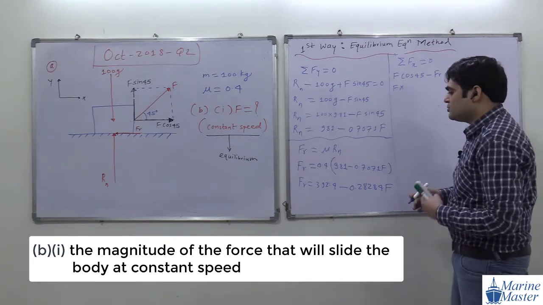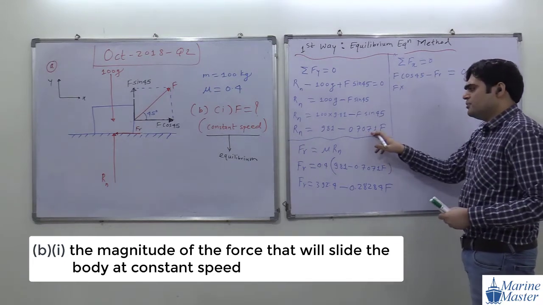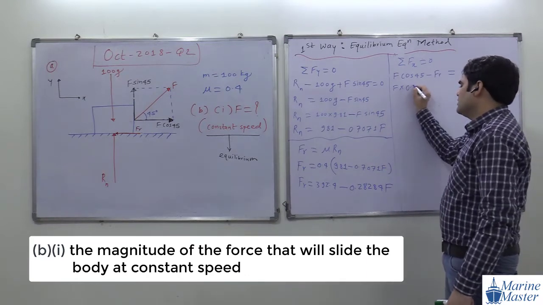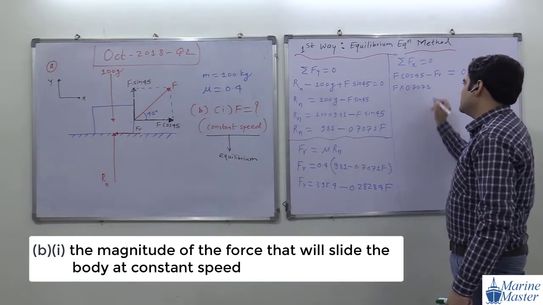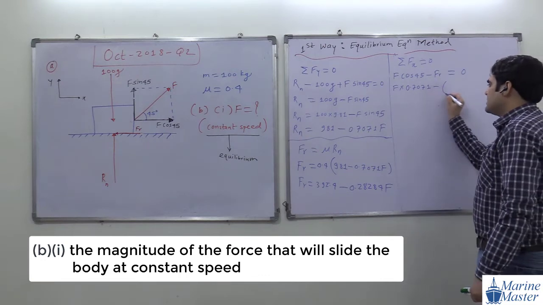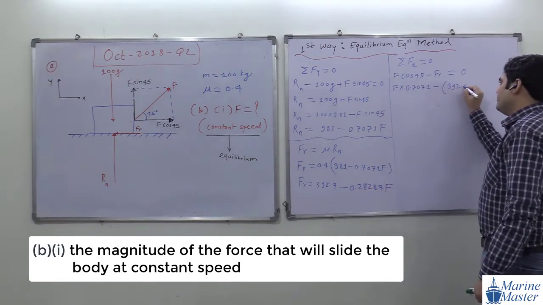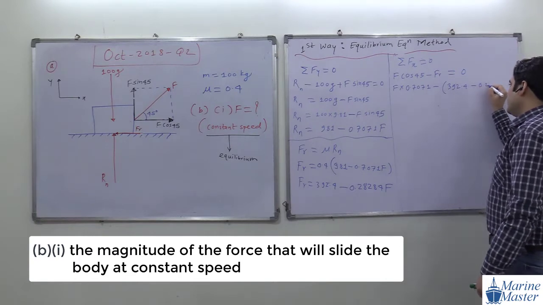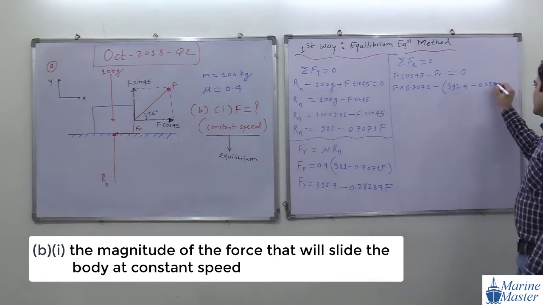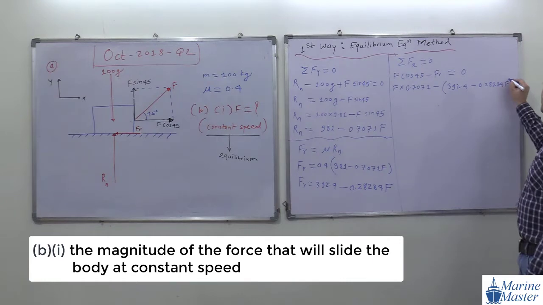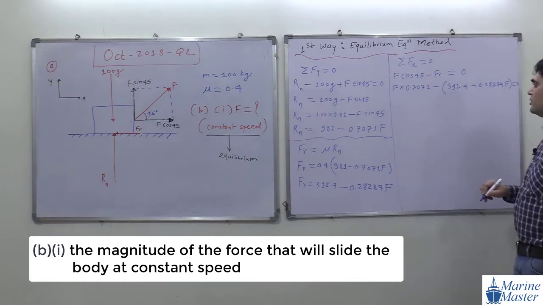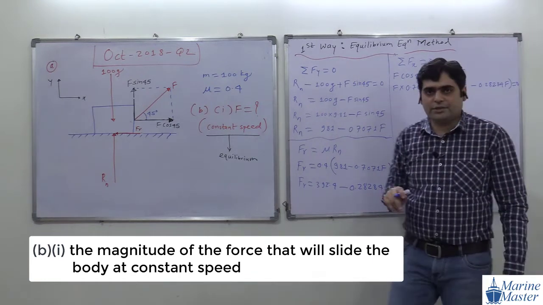What is the value of cos 45, guys? Same, 0.7071. Cos 45 is 0.7071 minus Fr. Fr is how much we calculated, guys? 392.4 minus 0.284 F equal to 0.